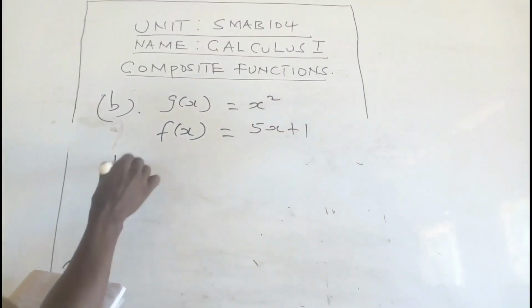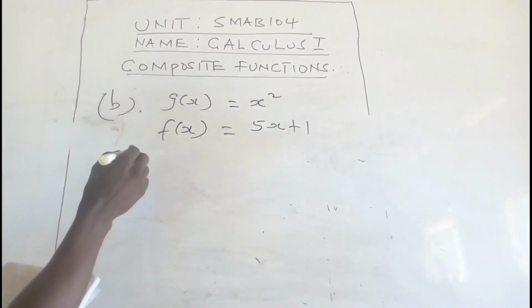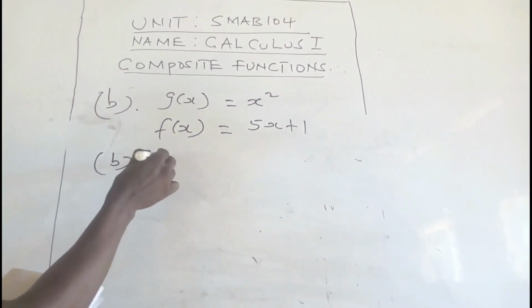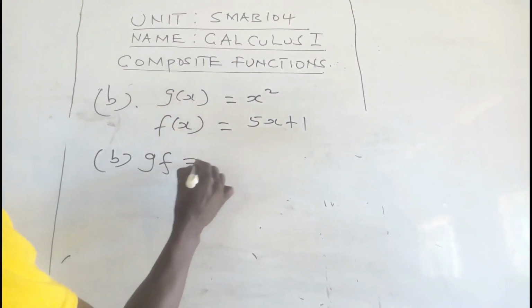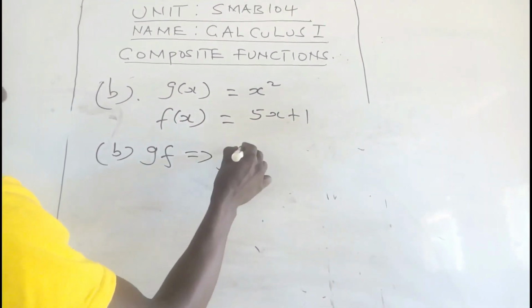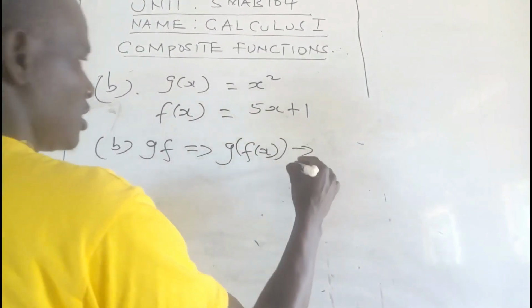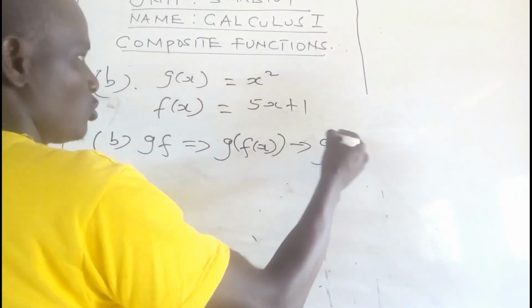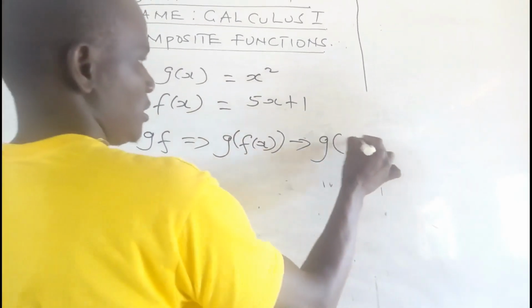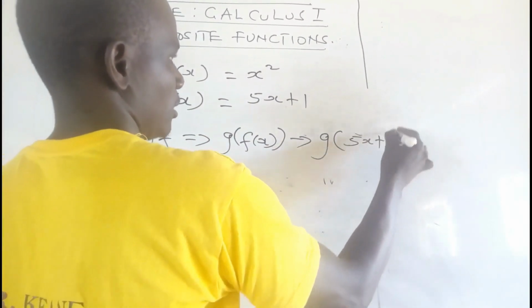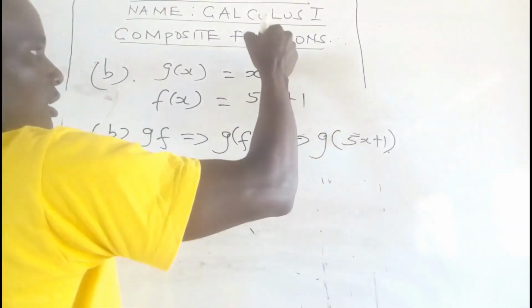So in part B we want to find g of f, which implies plugging f of x into g, which is the same as g of f of x, that is 5x plus 1. We plug it into g.